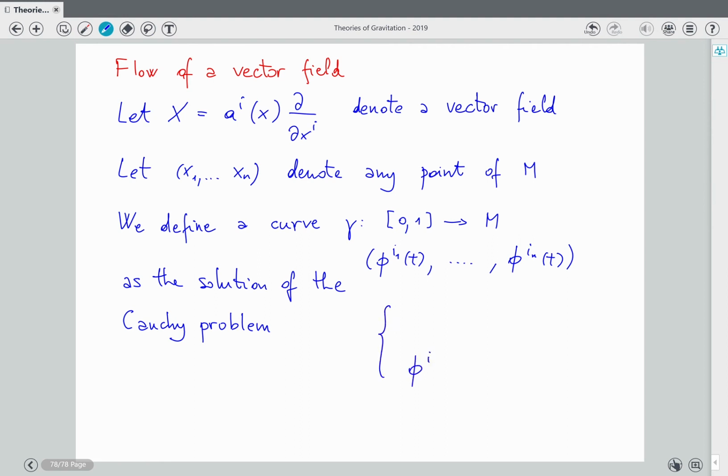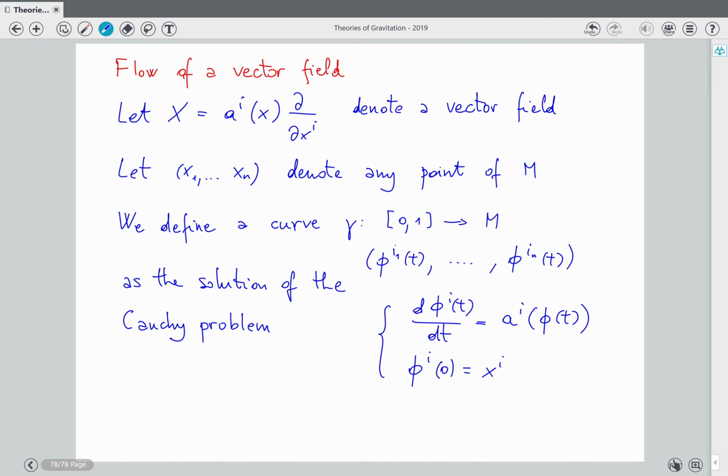So the initial point of the curve is the point we chose. And then we write down a first order differential equation like this. These functions of t are such that their first derivatives are equal to ai computed on the same points of the curve.